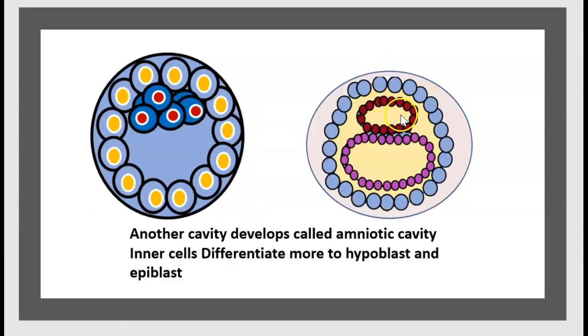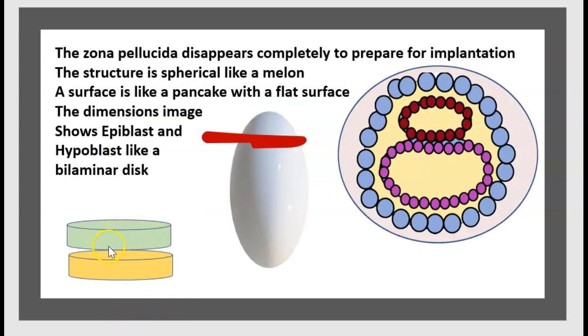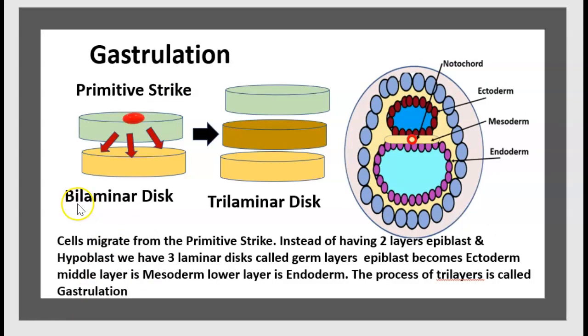When a second cavity develops, called the amniotic cavity, there is differentiation between hypoblast and epiblast. We are at the stage of the bilaminar disc. When we move from bilaminar disc to trilaminar disc, it's gastrulation.